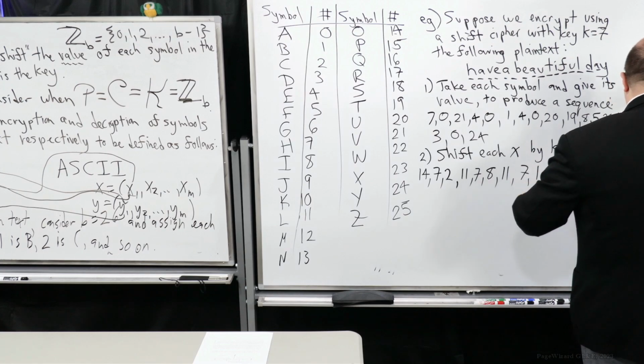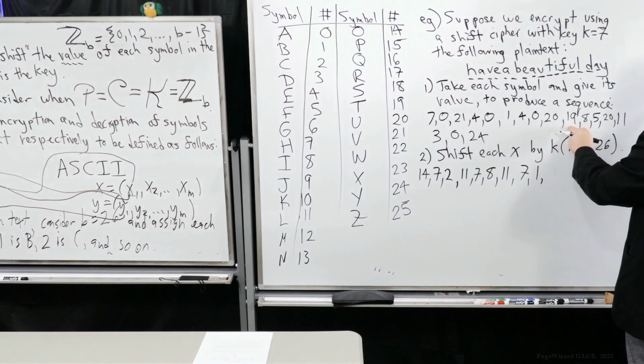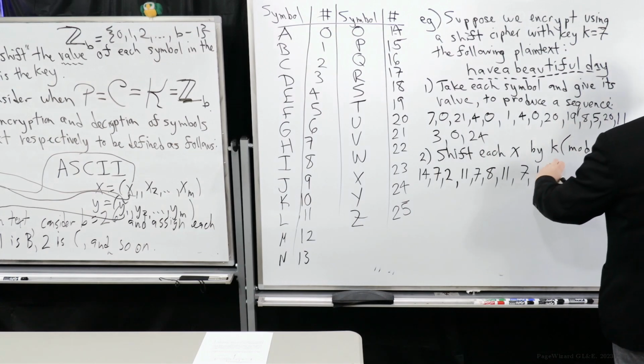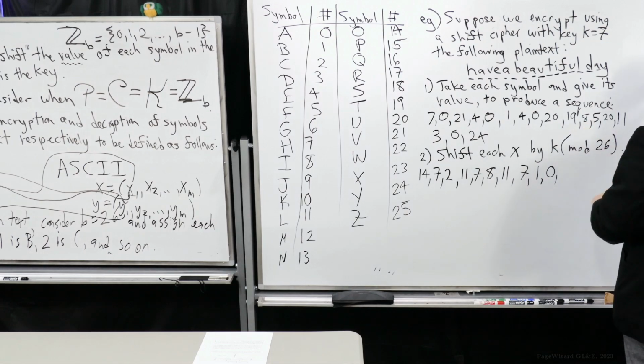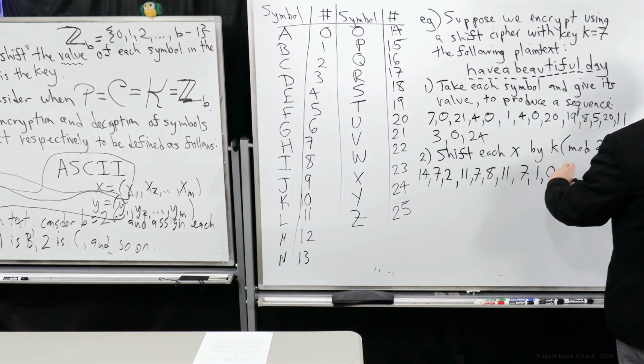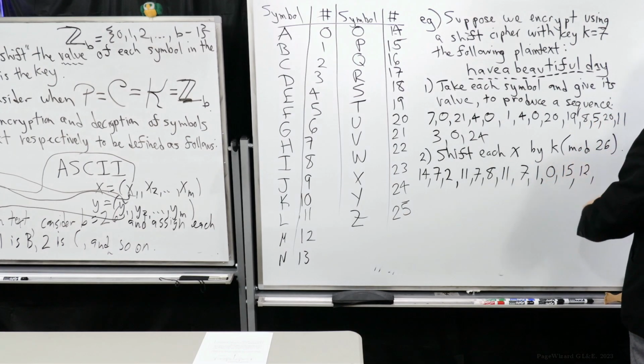Then, after that, we've got 19 plus 7. That gets you 26. 26 mod 26 is 0. We have no remainder in that case. We have 8 plus 7. That is just 15, right? Then we have 5 plus 7 is 12.